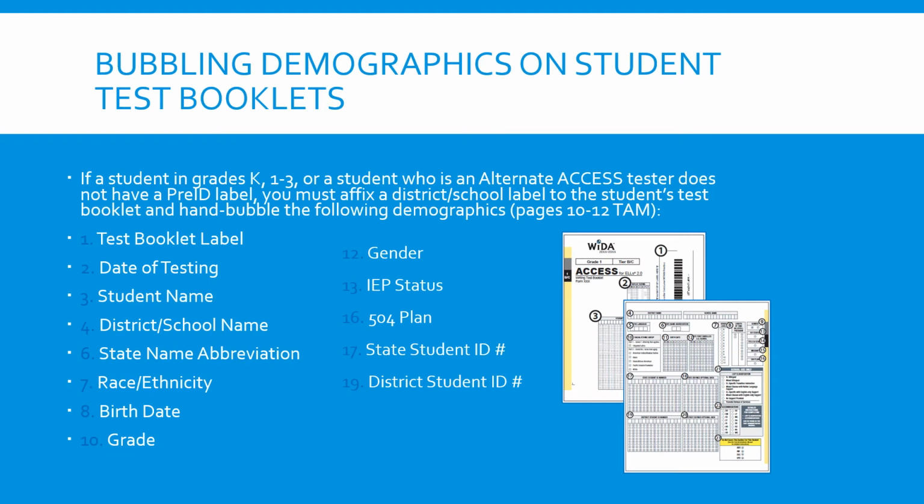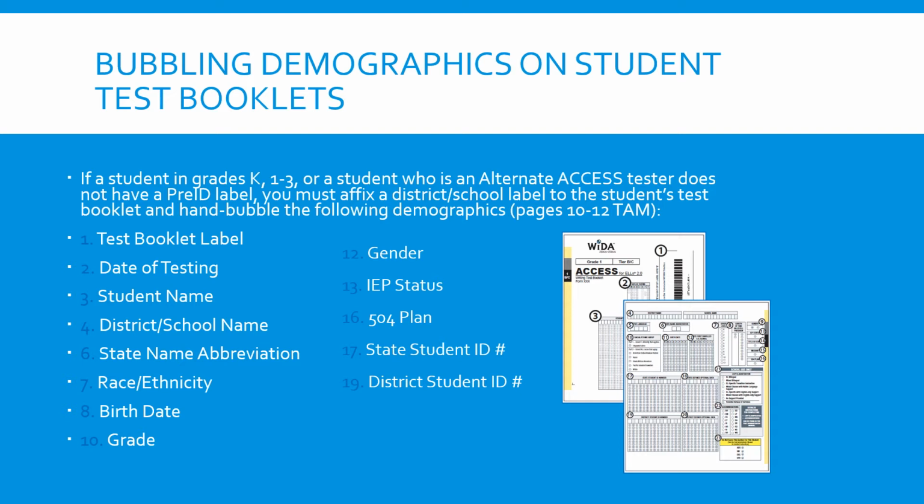If a student in grades kindergarten 1 through 3 or a student who is an alternate access tester does not have a pre-ID label, you must put a district school label on the student's test booklet and hand bubble the demographics listed below onto the booklet. This can be found on pages 10 through 12 of the Test Administrator's Manual.